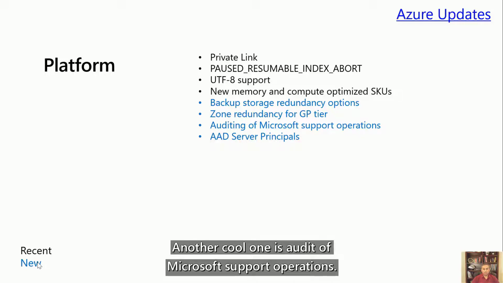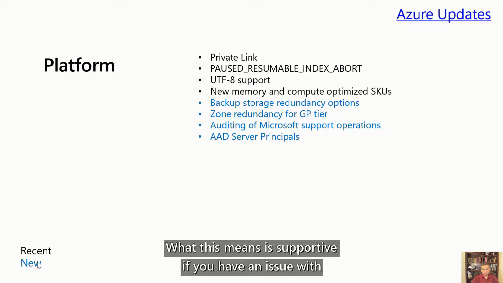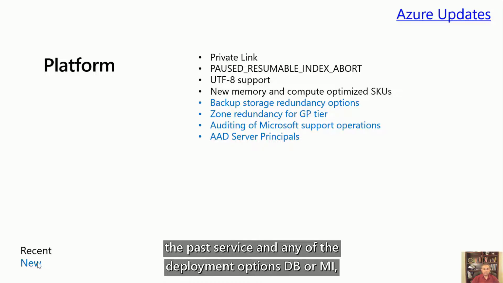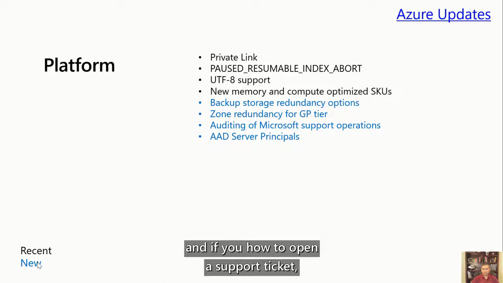Another cool one is audit of Microsoft support operations. What this means is, if you have an issue with the PaaS service and any of the deployment options, DB or MI, and if you have to open a support ticket, then a Microsoft support engineer or a developer will have to look at your instance and all the logs.